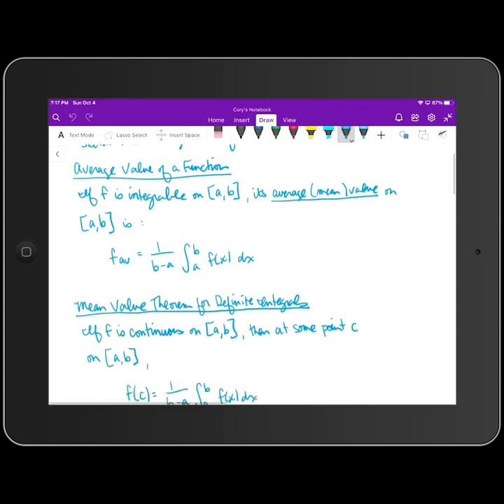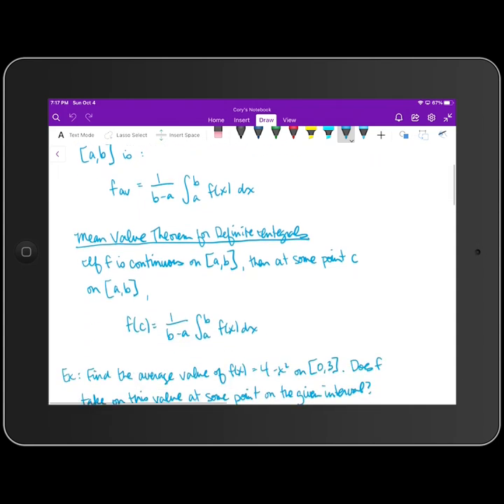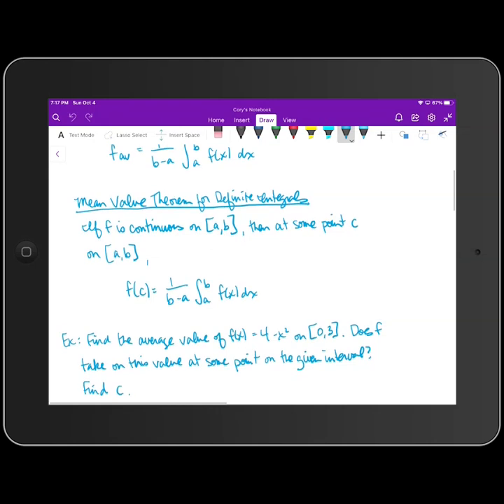Okay, and then the second thing you're going to need to know for this lesson is the mean value theorem for definite integrals, which says that if f is continuous on the closed interval from a to b, then at some point c on the closed interval from a to b, f of c has to be equal to 1 over b minus a times the integral from a to b of the function f of x, which you're integrating with respect to x.